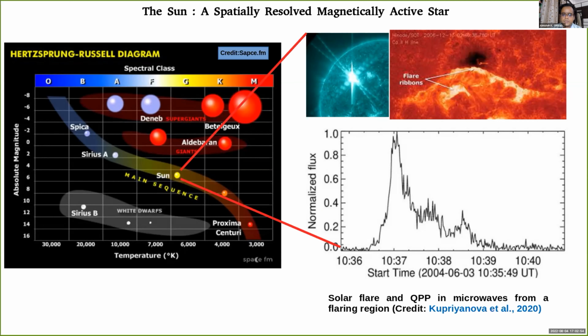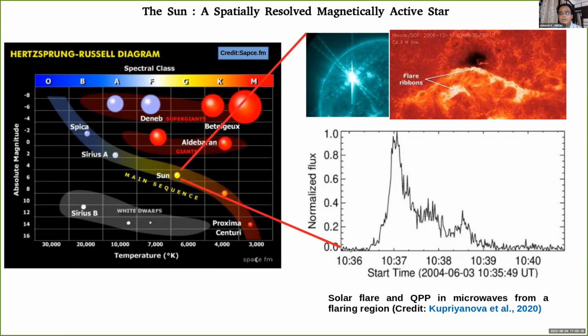But when we observe the Sun as a star, we get the typical flare response, the light curve. Likewise, the one shown here in the bottom panel is a solar flare and its light curve in the microwave emission, and it is from Elena's paper in 2020.